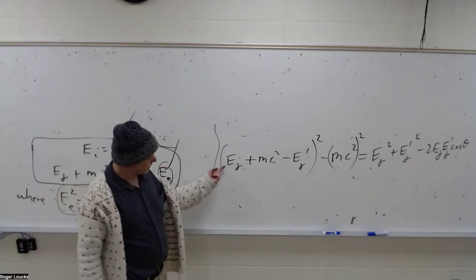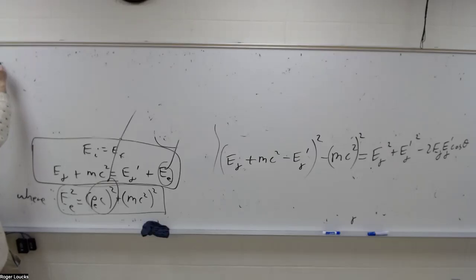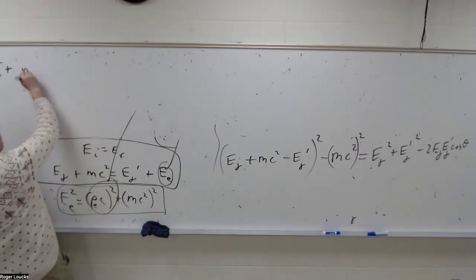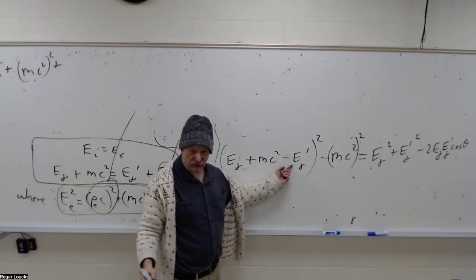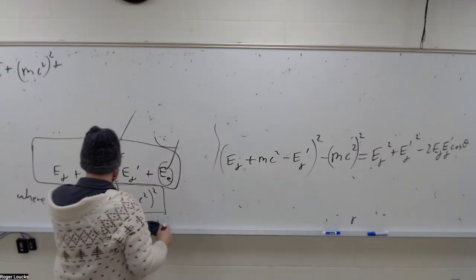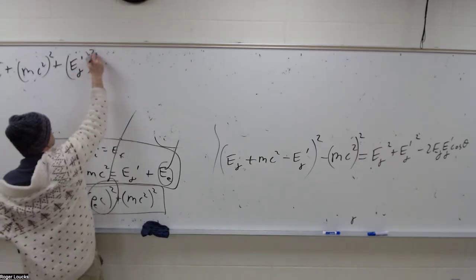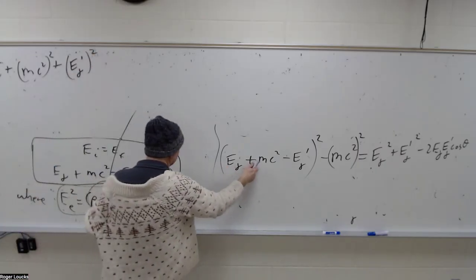So if I square this, I'm gonna get this squared. I'm gonna get this squared. I'm gonna get this squared, and since this times itself, the minus sign's gonna go away. Now I'm gonna get twice all the cross terms. I'm gonna get this times this twice.